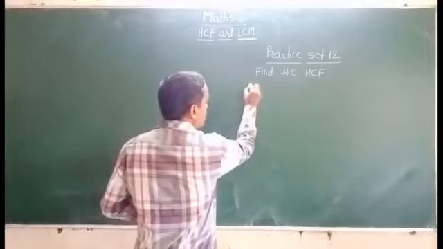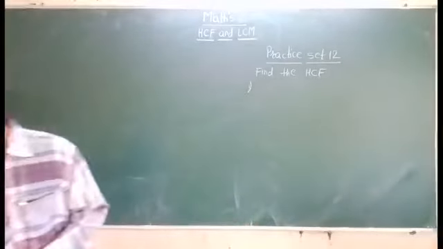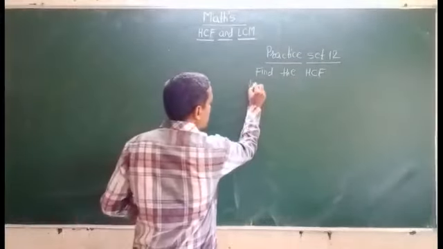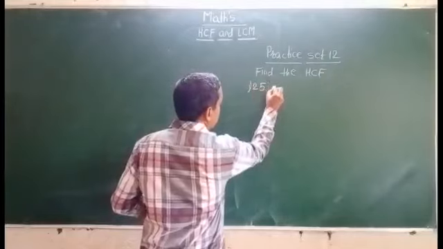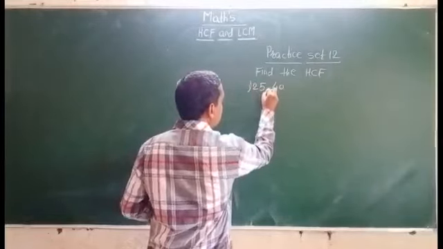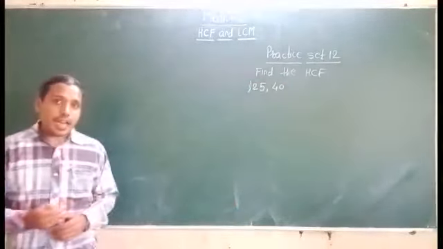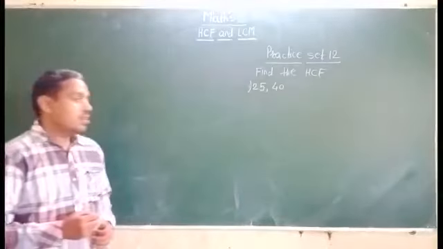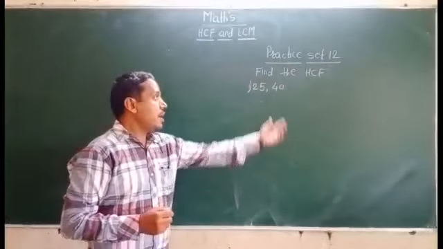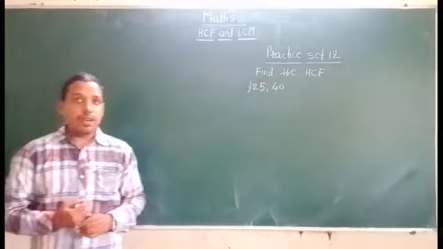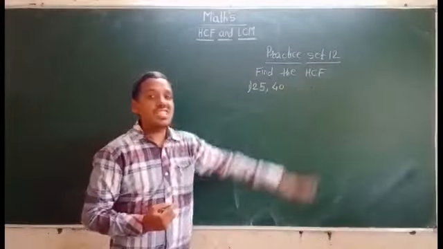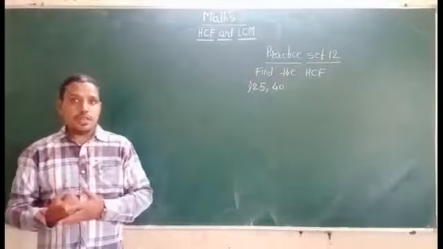The first example is 25 and 40. Two numbers are given. The first number is 25 and the second number is 40. We have to find the HCF of the given two numbers.